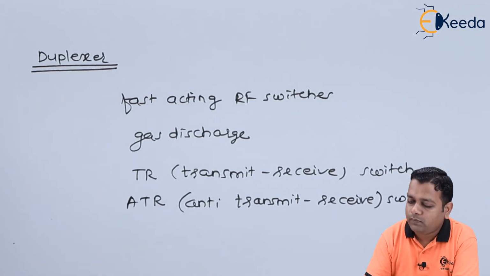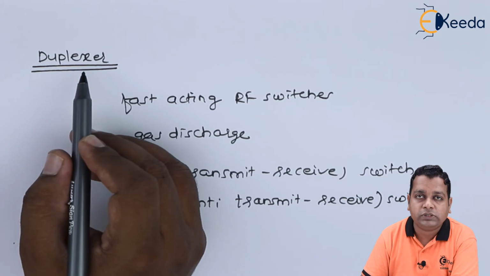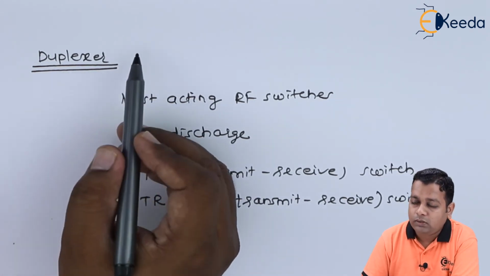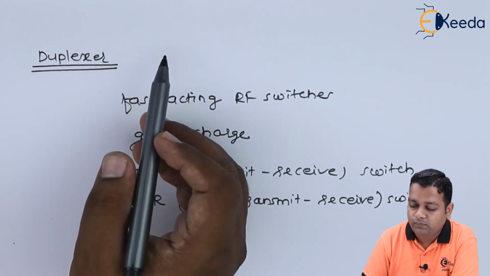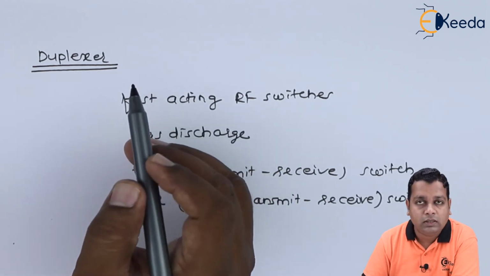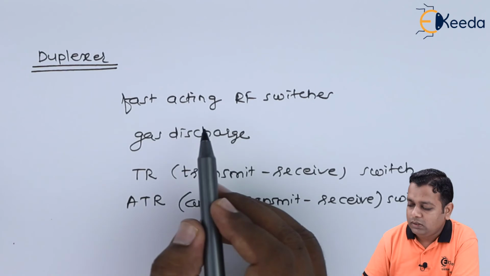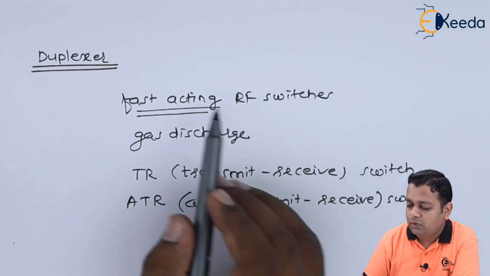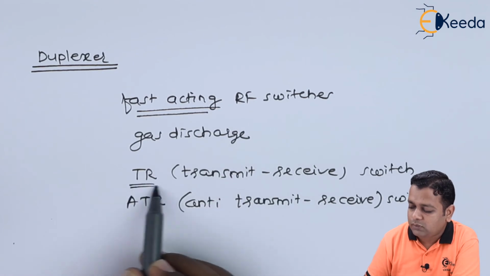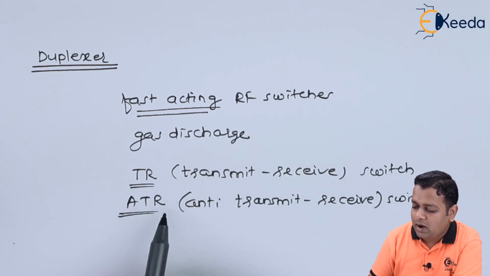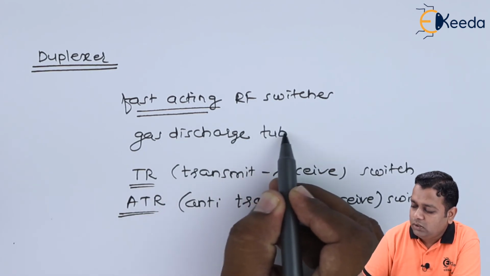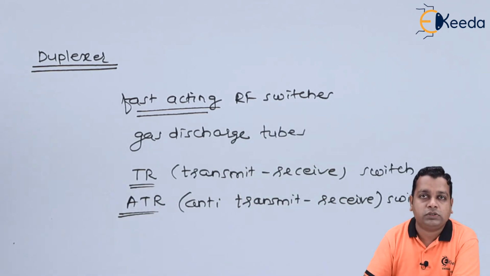As we know, the duplexer has the responsibility to allow the same antenna to be used for transmission as well as for reception. Focusing on the reception switching, fast action should be taken to get that particular switching. So these are the two types of switches, TR and ATR. With the help of gas discharge tubes also it is possible.